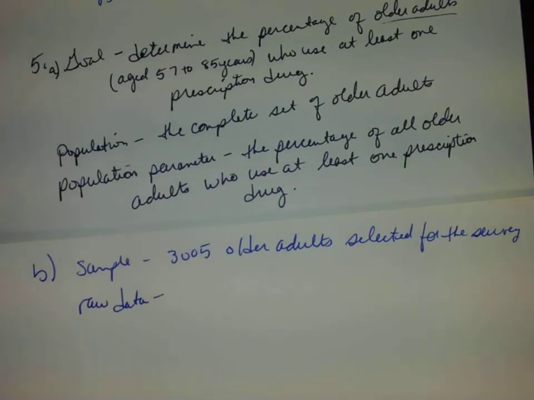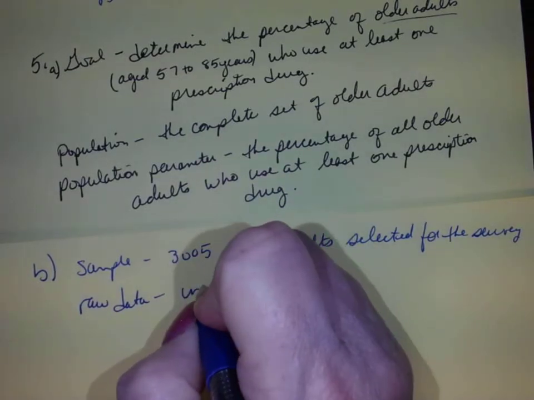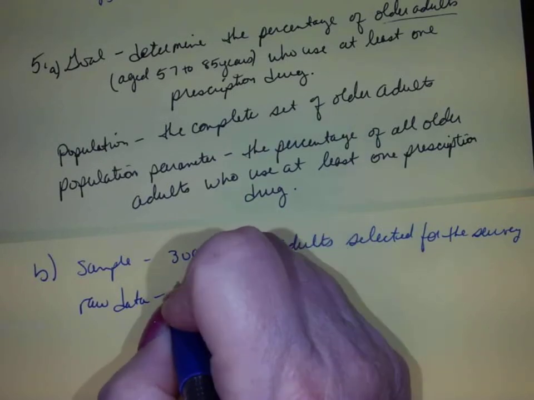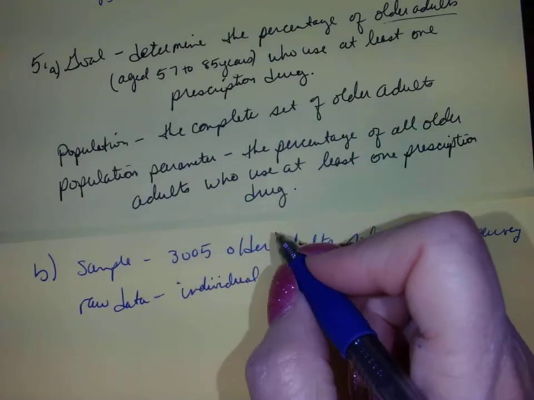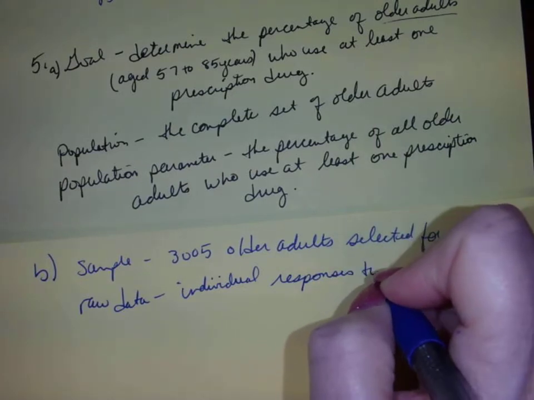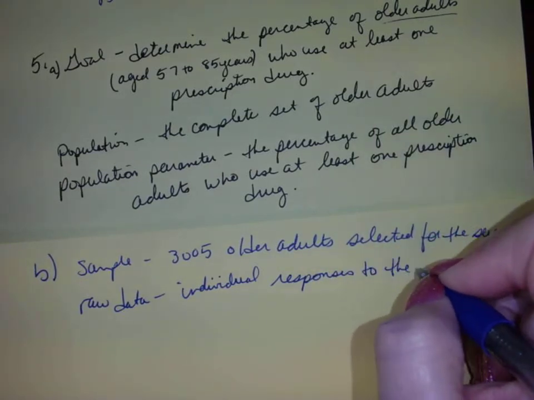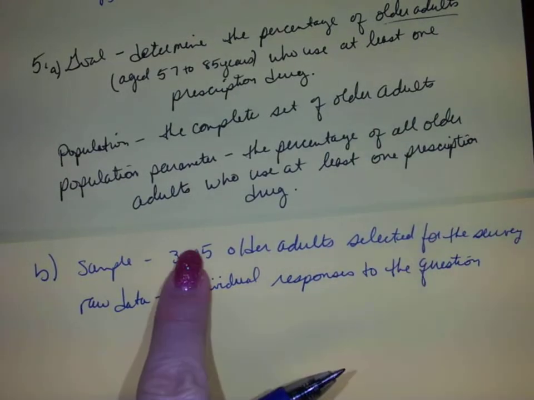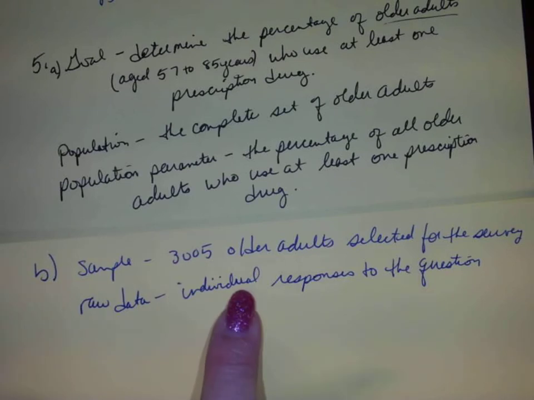The raw data is the data that hasn't been processed, and in this case, it's going to be the individual responses to the question. So each of these that answers the questions, it'll be their responses.